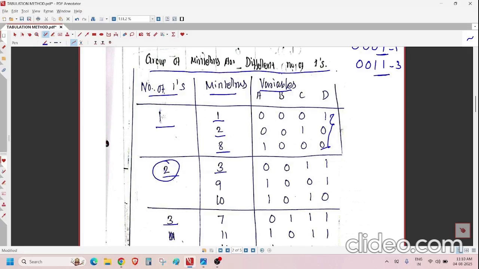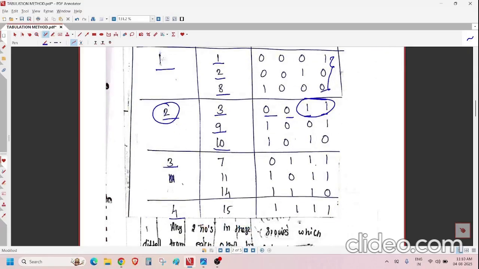According to the input, 3, 9 and 10 have two number of ones. For 3 it is 0011, so two ones will be there. Likewise you have to mention them in this table.